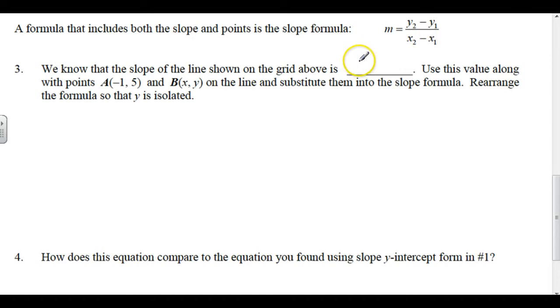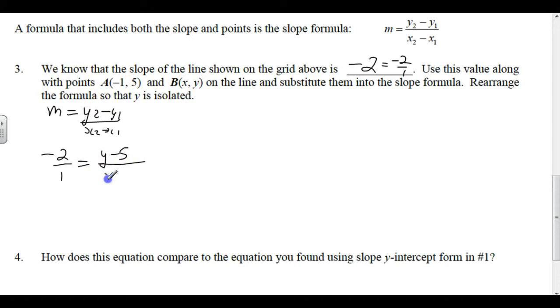We know that the slope of the line on the grid above is negative 2, or negative 2 over 1. Using this value along with the points, m is equal to y2 minus y1 over x2 minus x1. Negative 2 over 1 is equal to y minus 5 over x plus 1.